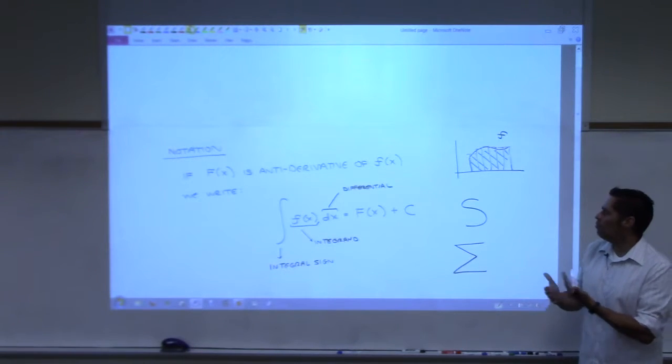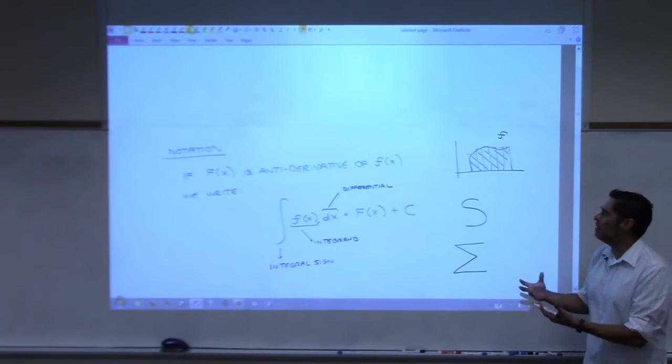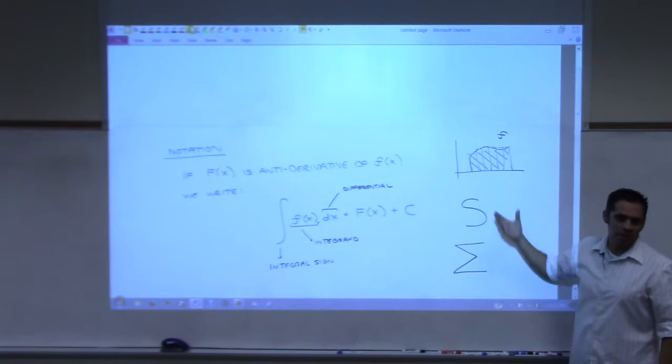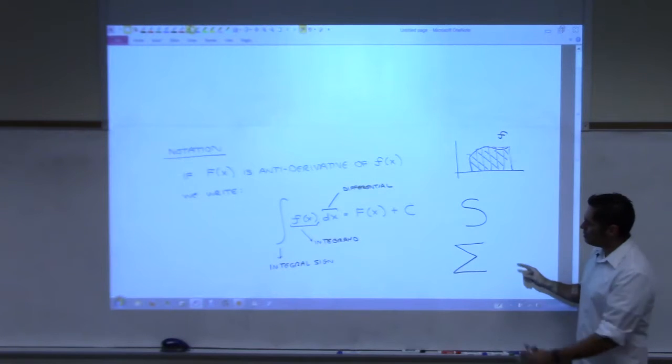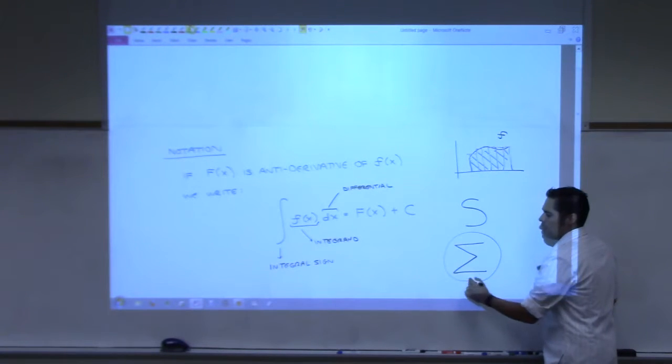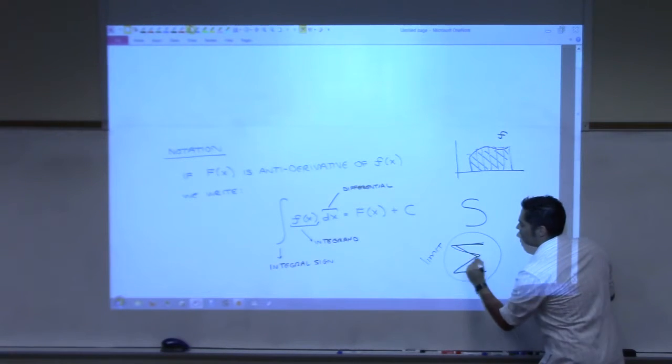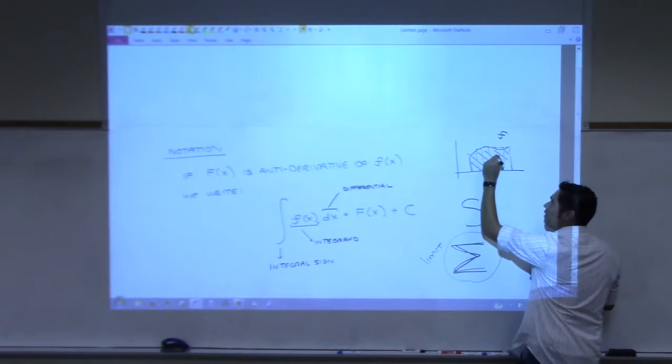So again, what happens is we take the limit as the number of rectangles goes to infinity. And that will give you the true area. So what happens is this sum, we involve a limit into this sum. The sum here comes from the idea that I'm going to add up a bunch of rectangles.